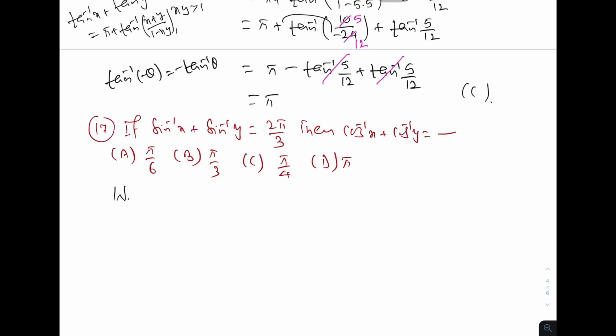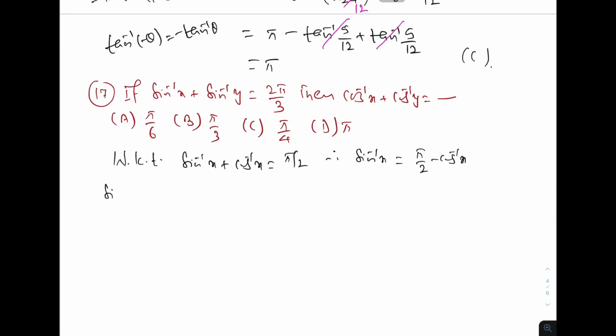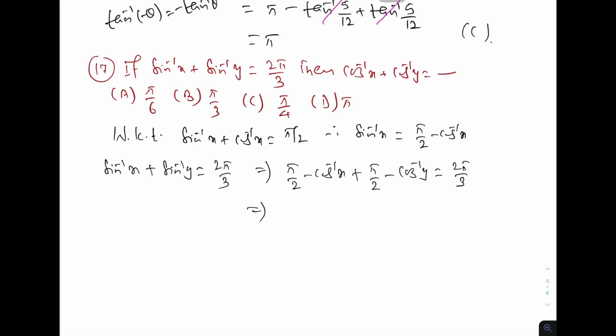Now we know sin inverse x plus cosine inverse x is pi by 2. So sin inverse x is equal to pi by 2 minus cosine inverse x. Now here sin inverse x plus sin inverse y equal to 2 pi by 3. This would imply pi by 2 minus cosine inverse x plus pi by 2 minus cosine inverse y equal to 2 pi by 3.